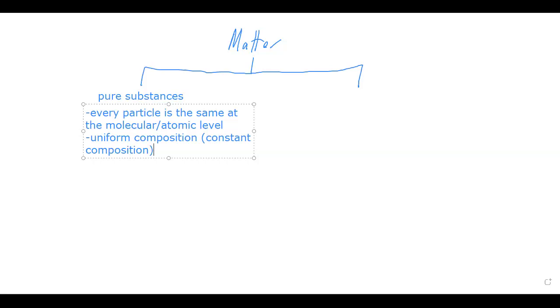Because of that, we describe pure substances as having a uniform composition. Sometimes this is referred to as a constant composition. There's a scientific law, the law of constant composition, that talks about this very phenomenon in compounds in particular.